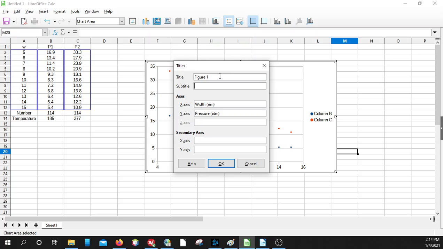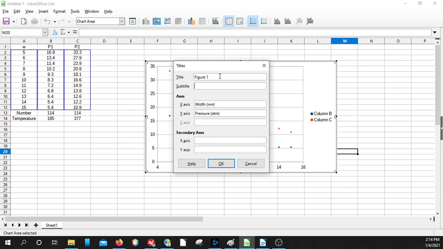And we need a name for the title. The easiest thing to do, but also something completely pointless to do, is just to call this pressure versus width. The reason that's pointless is because you can tell from looking at the axes that that's what it is. So it doesn't really give us any information we don't already know.